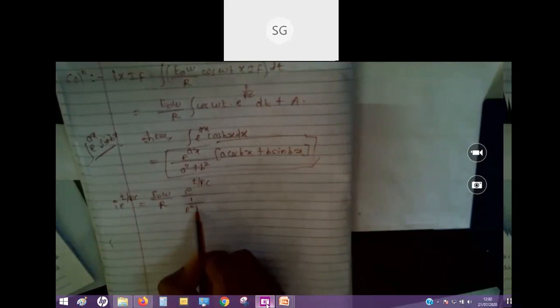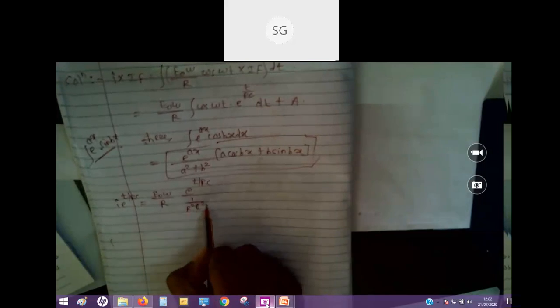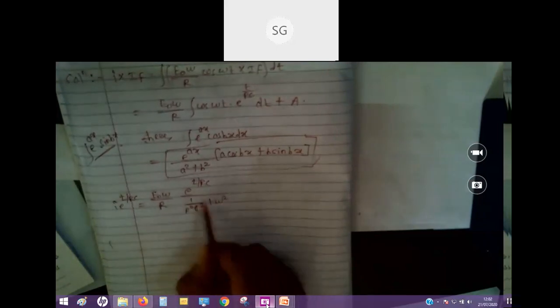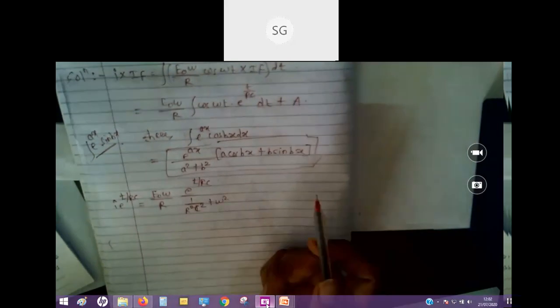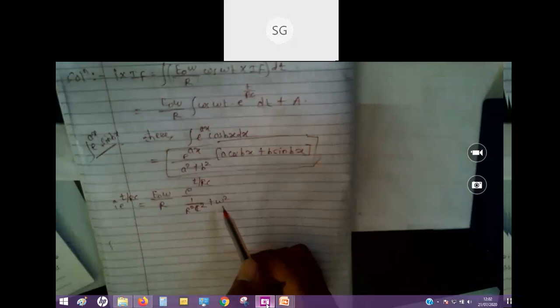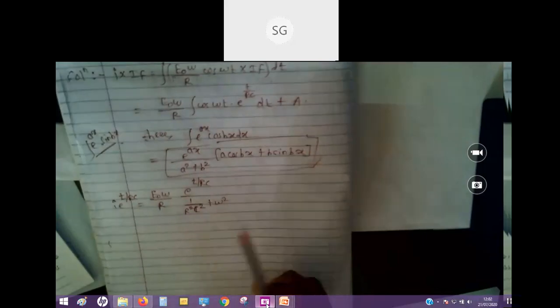So it is 1 upon r square c square plus omega square. Here a is 1 upon rc, and b is omega, that's why this term is there.